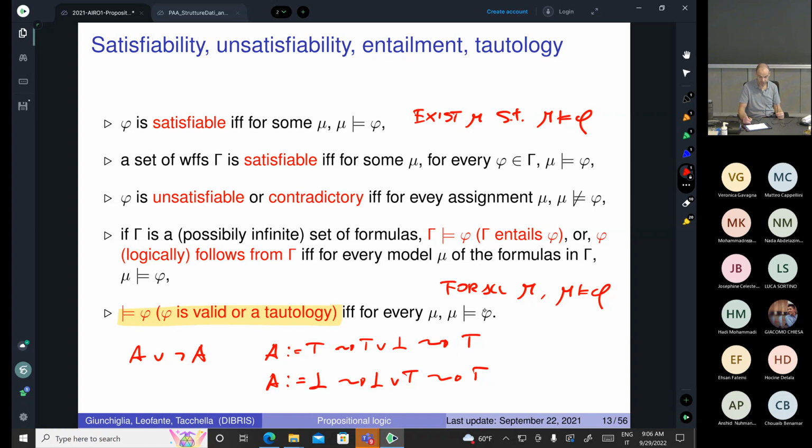Since here it's for all, we even remove the assignment from the symbol, and we just write the double turnstile and phi, because you don't need to mention explicitly which assignment is satisfying your formula. It's all of them.